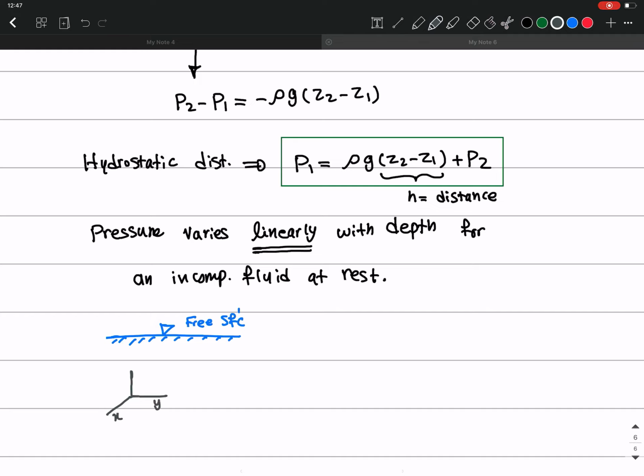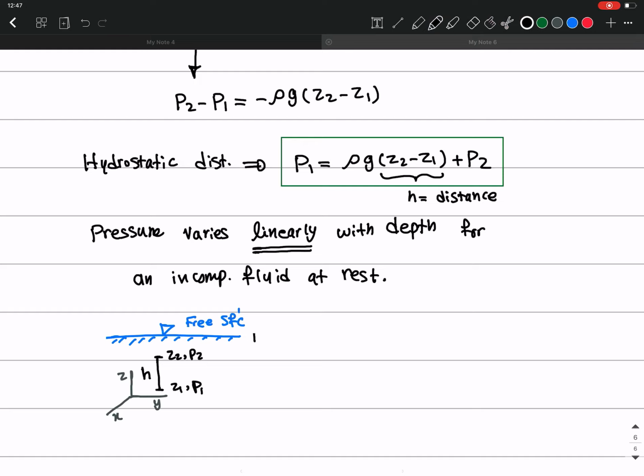This is x, y, and this is the z direction. I'm going to have 2 points here, z2 and p2, and then another point just below that, z1 and p1, and this distance is h between these two.